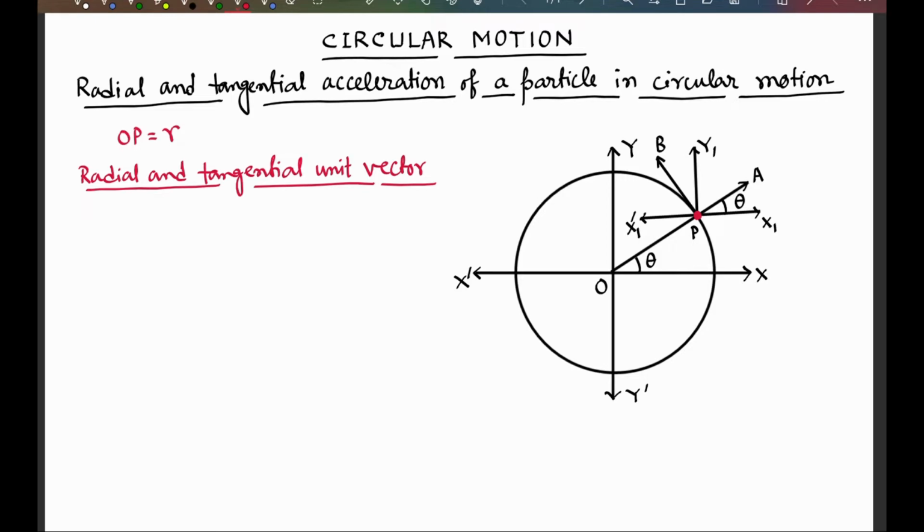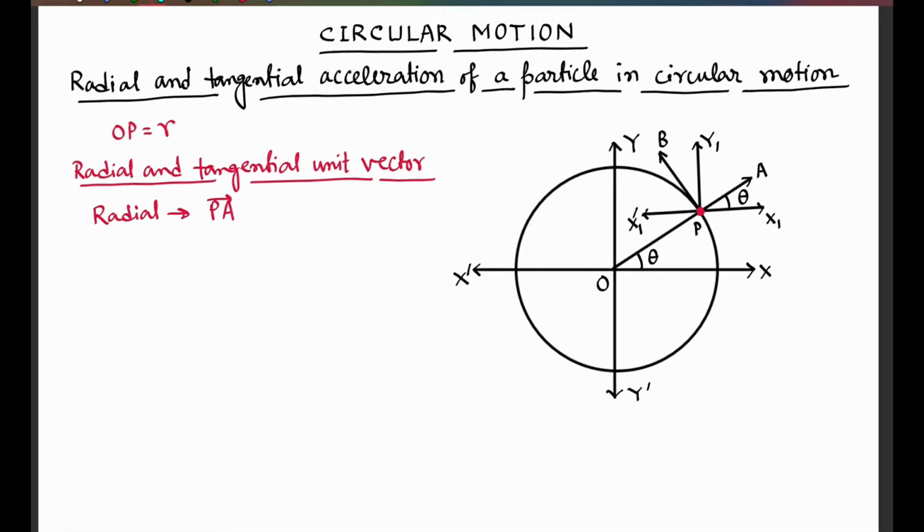The radial component at point P is PA. Here PA creates angle theta with Px1.